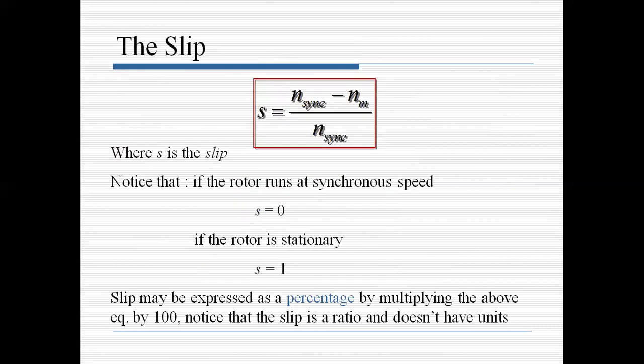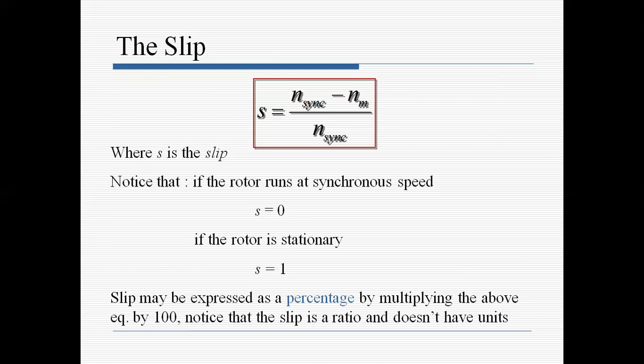Using this formula we can find the slip: the synchronous speed of the stator flux minus the rotor running speed, divided by the synchronous speed. Multiplied by 100, we get the percentage, where S is the slip.